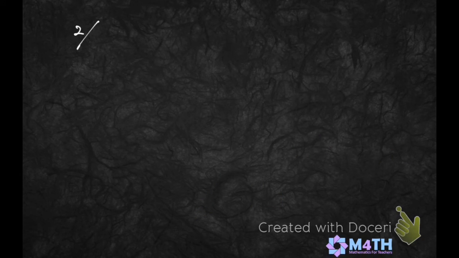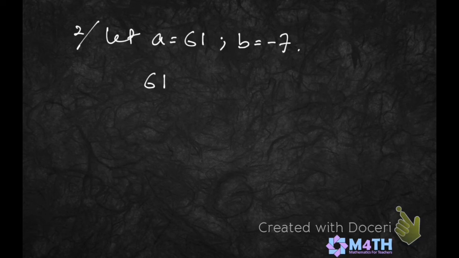For the second example, let a equal 61, and again b is negative 7. Writing down the division algorithm, we have 61 equals negative 7q plus r, and as before, r is between 0 and 7. So again we have six possibilities for r, from 0 to 6.